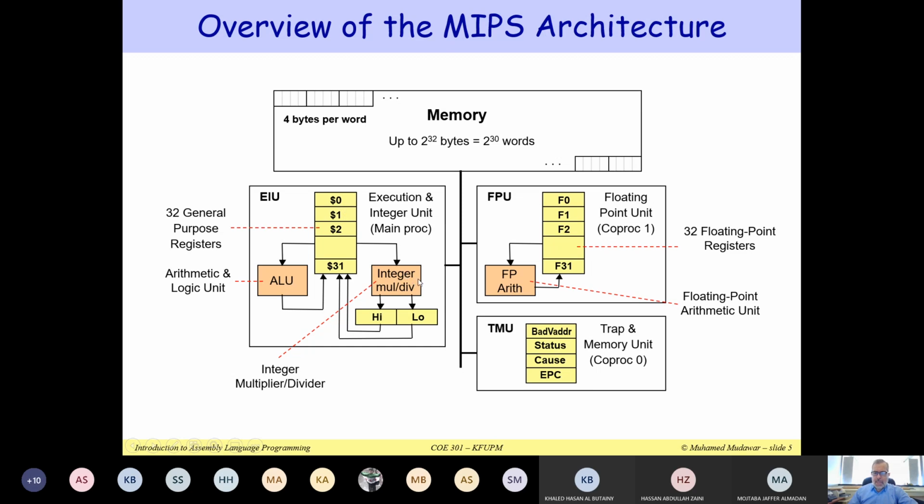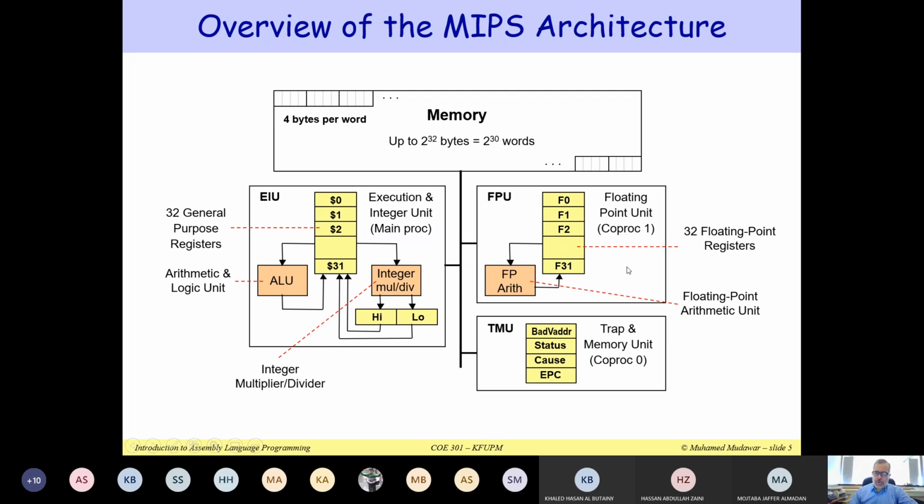There is an integer multiplier divider specifically for integer multiplication and division. And this special execution unit writes 2 special purpose registers, low and high. And you can, of course, transfer the values of low and high into general purpose registers and vice versa. Okay, so this is what we call the integer unit.